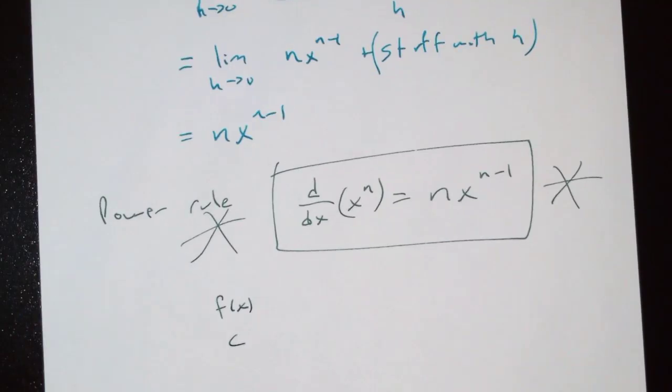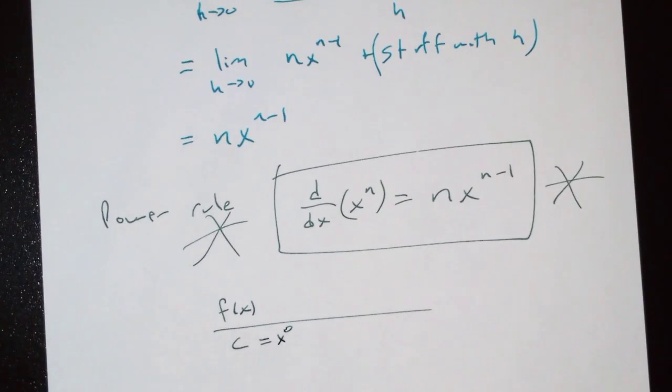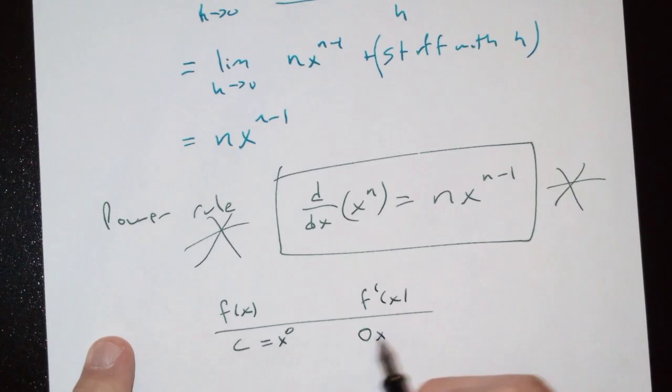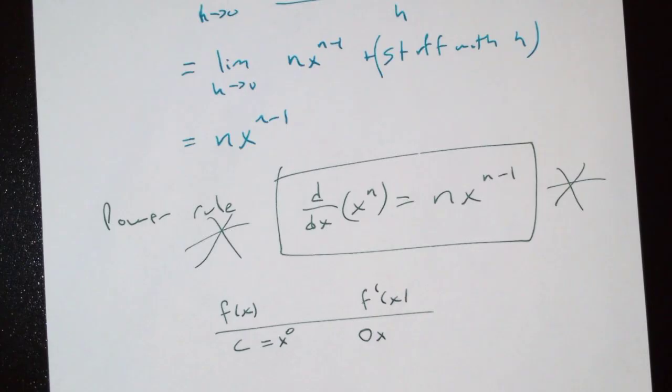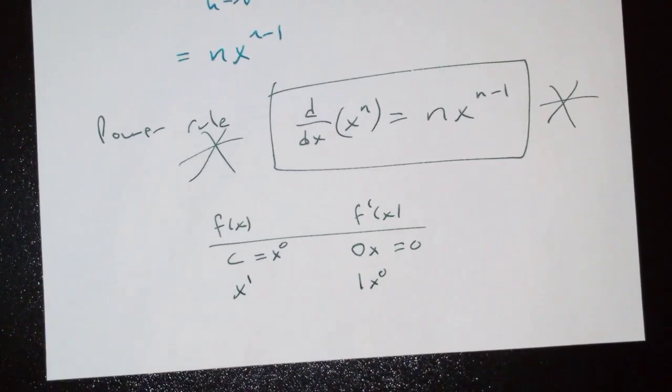We had a constant. A constant can be written as x to the 0th power. So if I do the derivative, it'll be 0 x to the, wait a minute, what happens when you multiply by 0? We had x to the first, its derivative is 1x to the 0, but x raised to the 0 power is just 1.